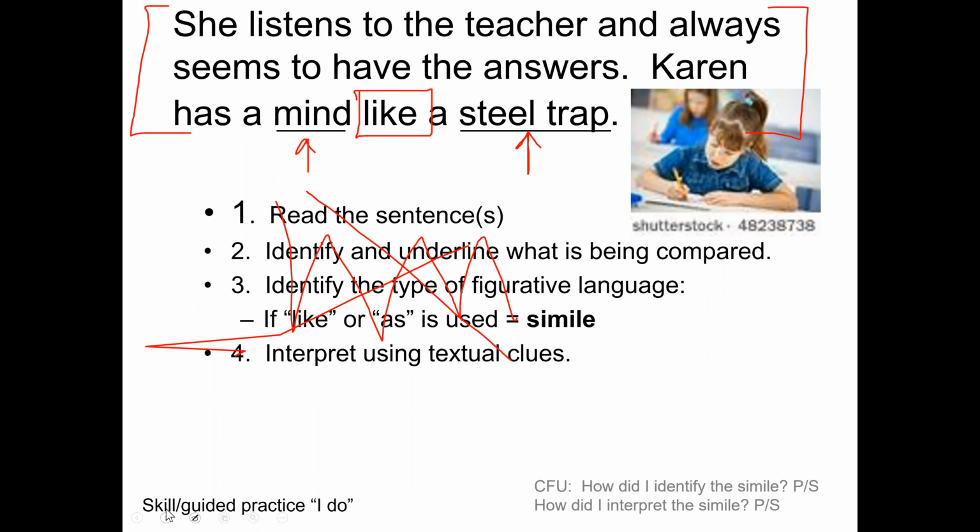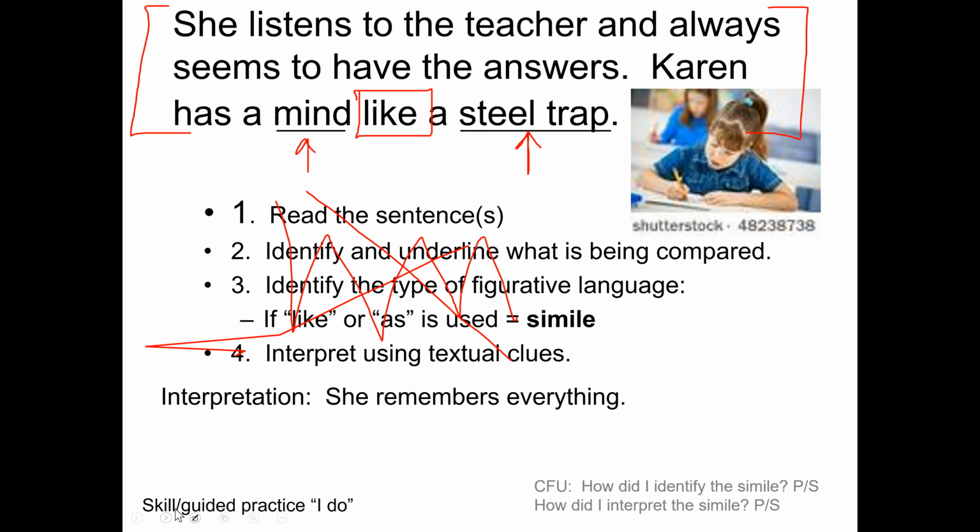So she is saying that whatever the teacher says, she always has the answer. Why does she always have the answer? Because it's always in her mind. Very good. She never forgets. She holds it in her brain, right? Her mind is like a trap. So the interpretation is she remembers everything.